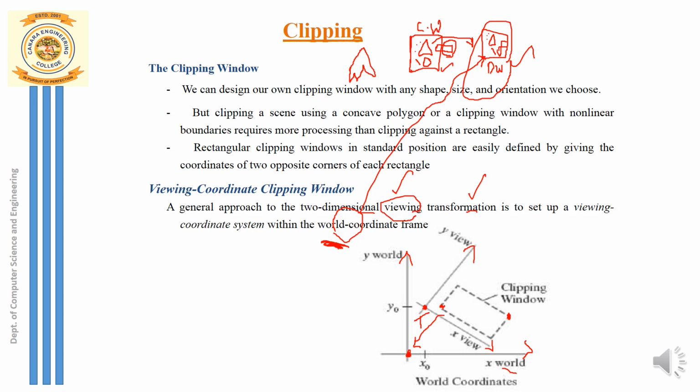I am first translating it to the world coordinate system, that is with respect to this origin. Now I am going to rotate by an angle theta. After rotating this rectangle by an angle theta, I'll get the rectangle in a standard shape, within the proper coordinate system, in a proper position. I get the clipping rectangle. You can see the figure of that in the next slide.